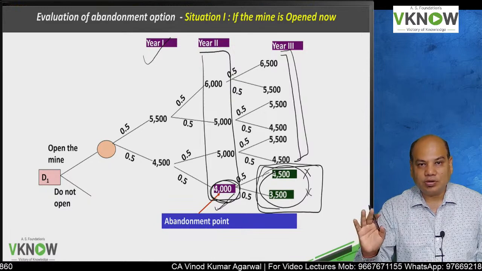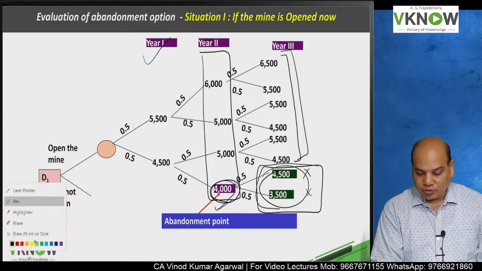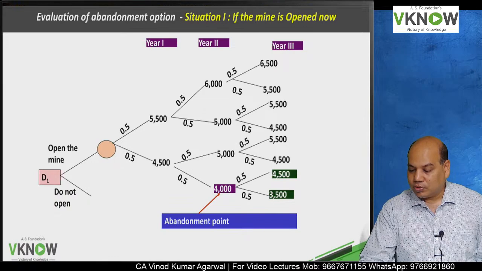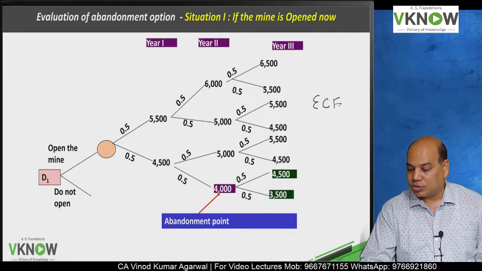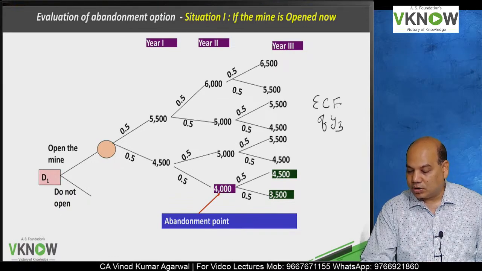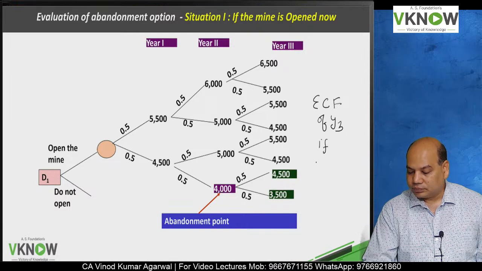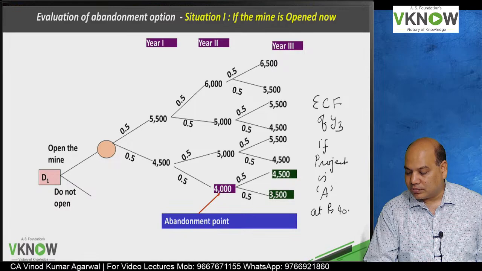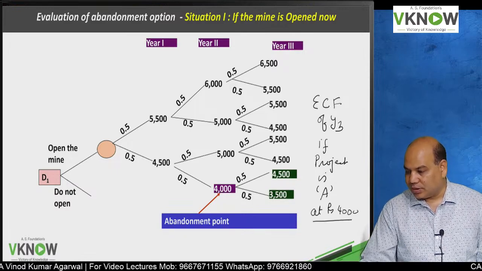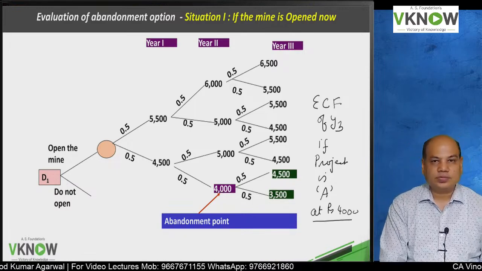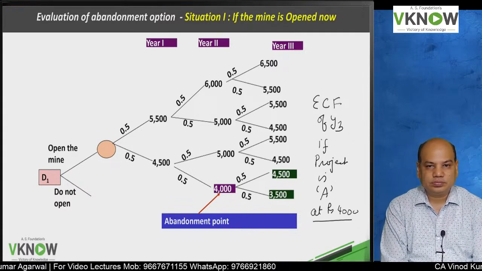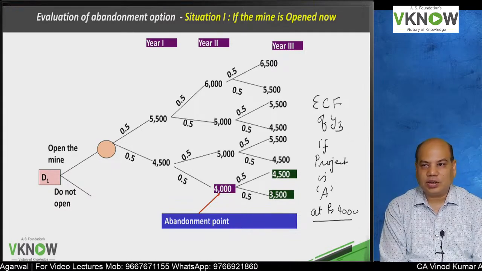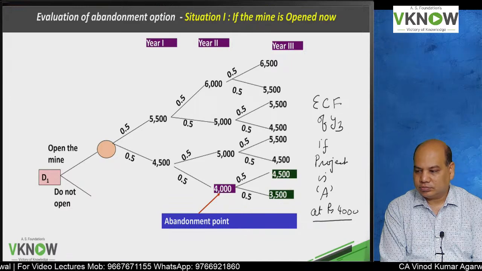My question is, I hope you understood. If you have not understood, once again, what is the expected cash flow of year 3 if the project is abandoned at rupees 4,000?